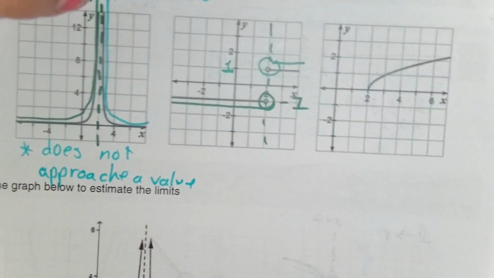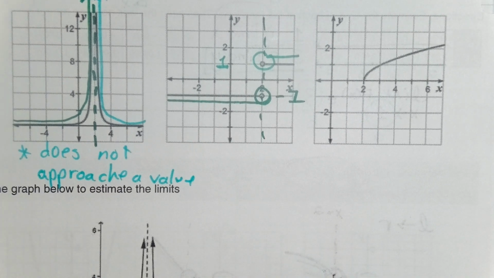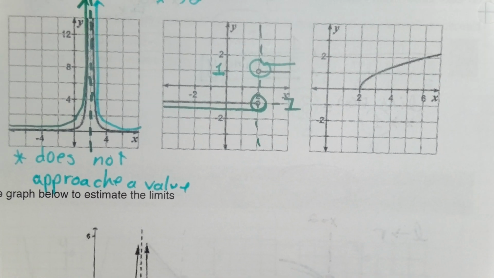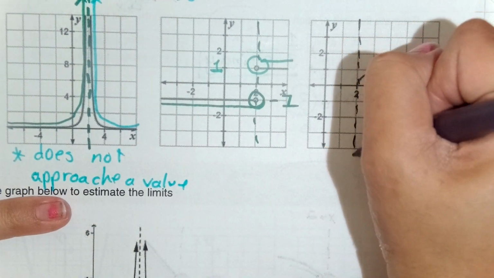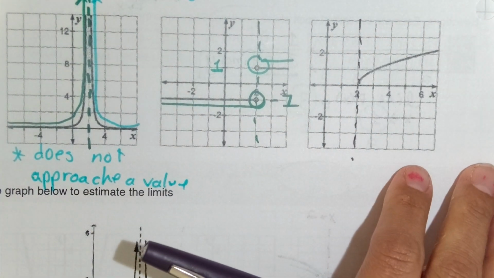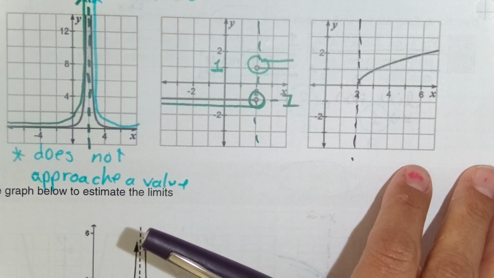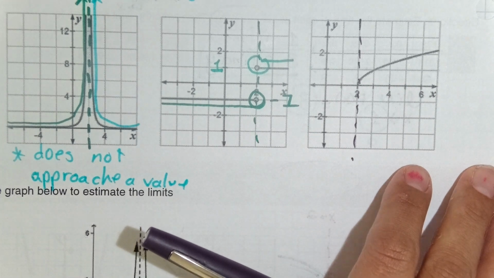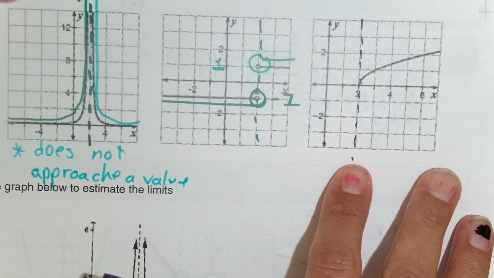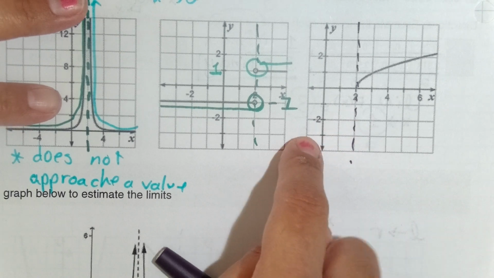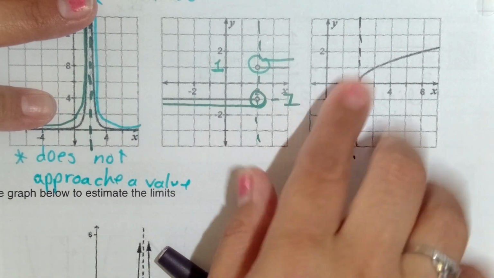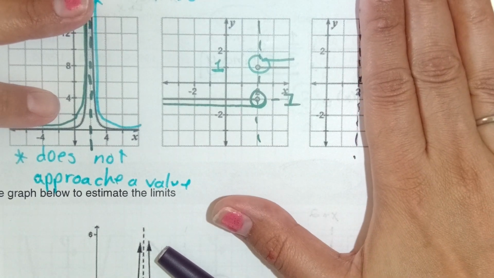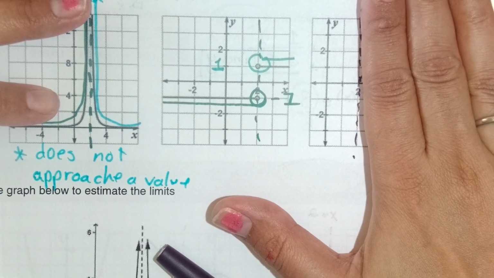Let's look at the last example before we get to an actual example. Okay, so here's 2. Do I have a left side of the graph? Like, can I take my pen or pencil or finger and go from the left side? No, right?